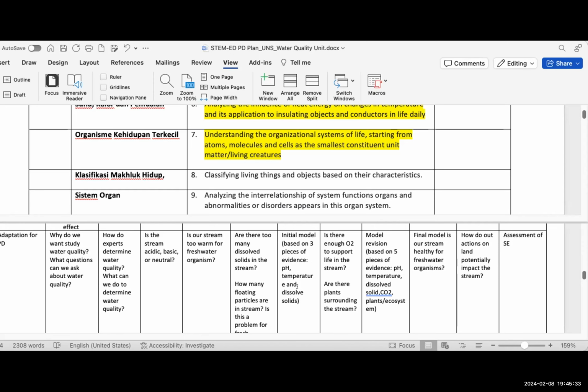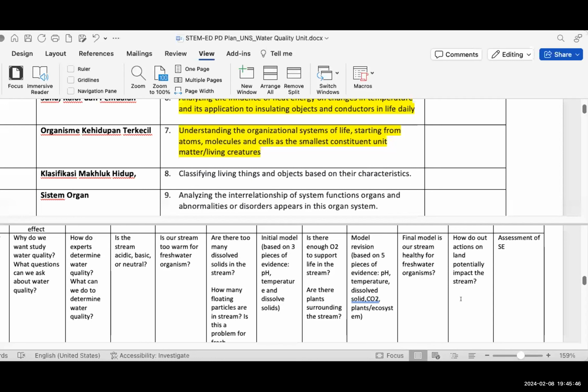You can do it paper pencil, but if you try, you might be surprised how quickly the students pick up on it. Yeah, yeah. Okay.